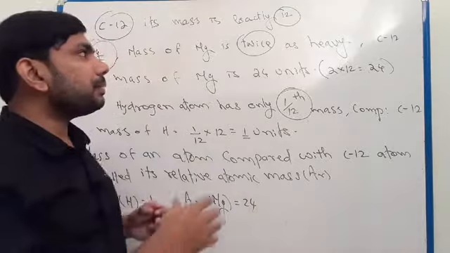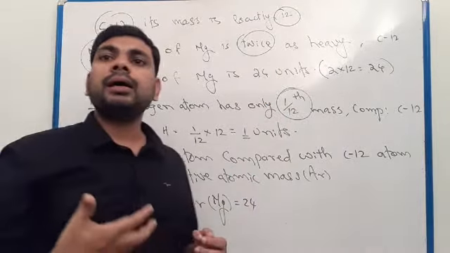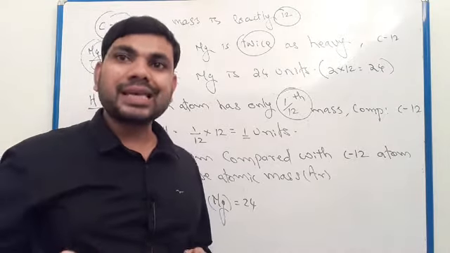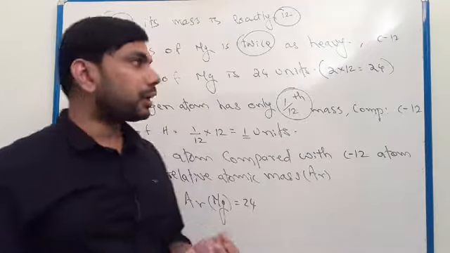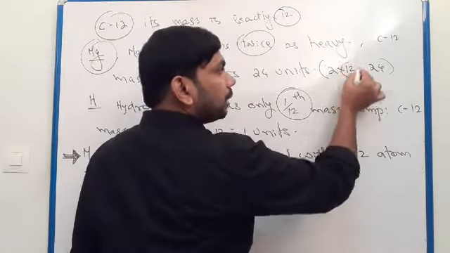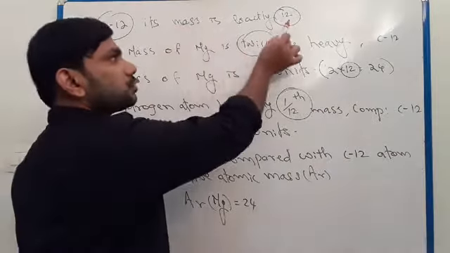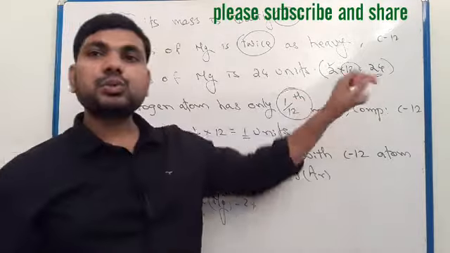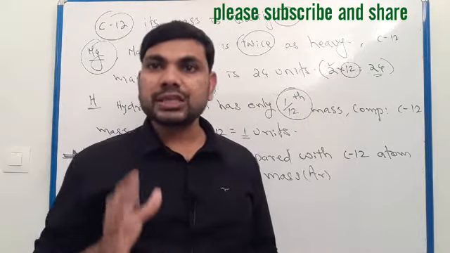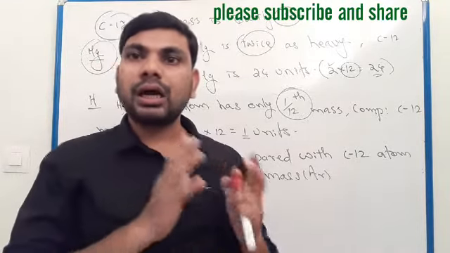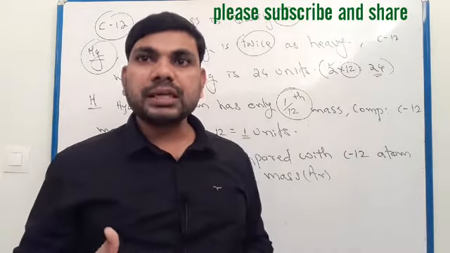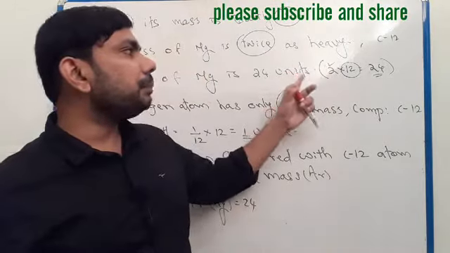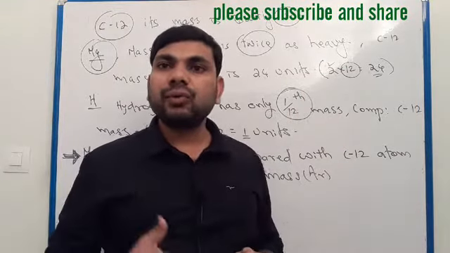You can find that magnesium is twice as heavy as carbon-12. Since the mass of carbon-12 is 12, the mass of magnesium will be 2 times 12, so it will be 24 unit.